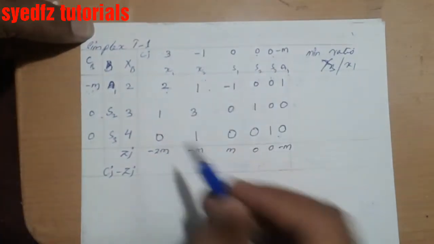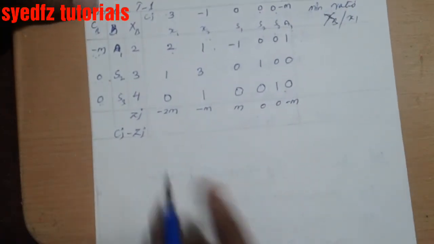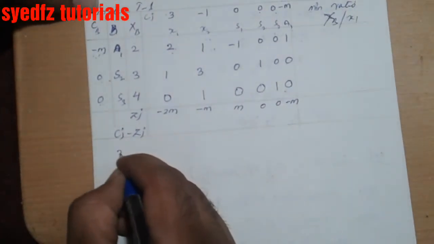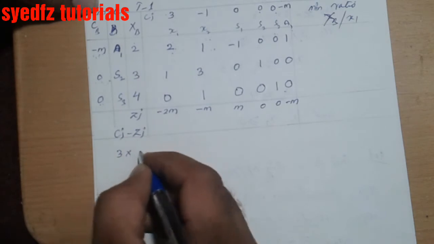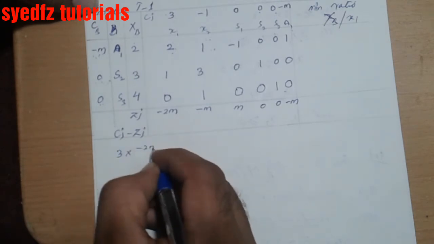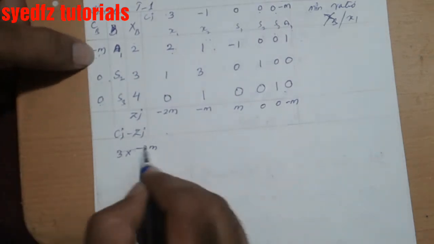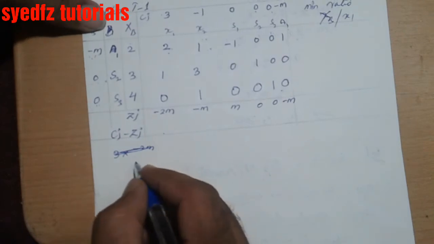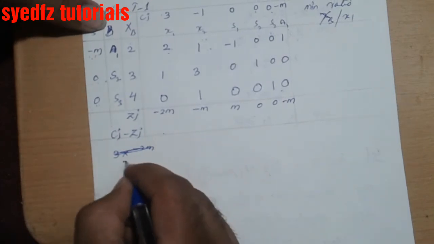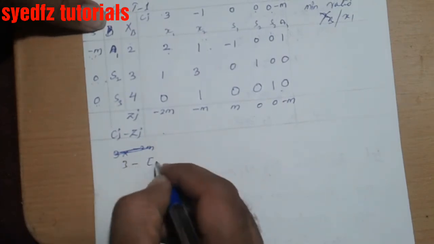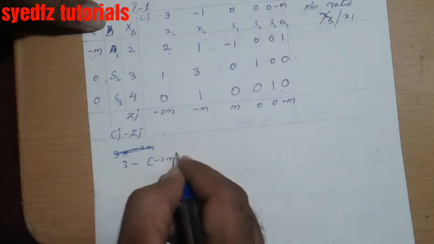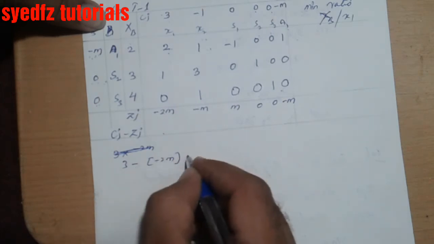Now 3 into minus 2, means how we can take 3 into minus 2m, into Cj minus Zj we are doing now. So 3 minus 2m, minus into minus plus.